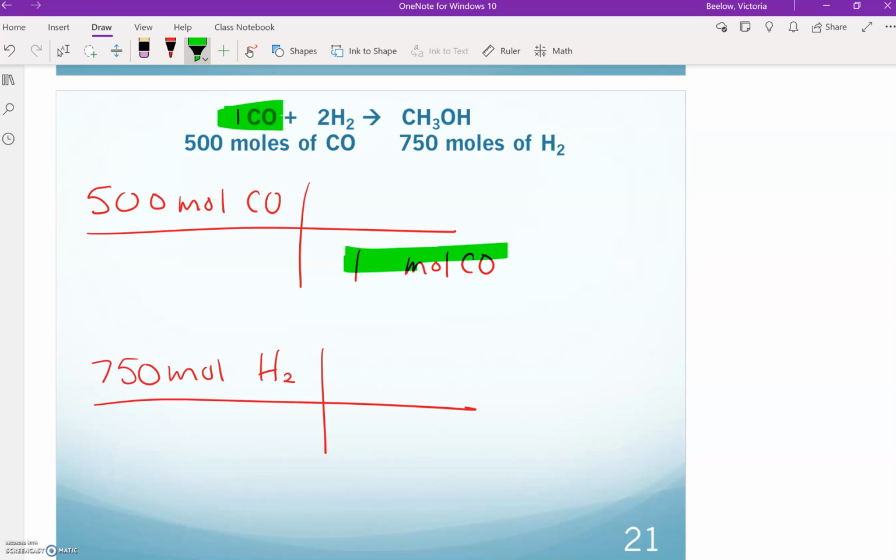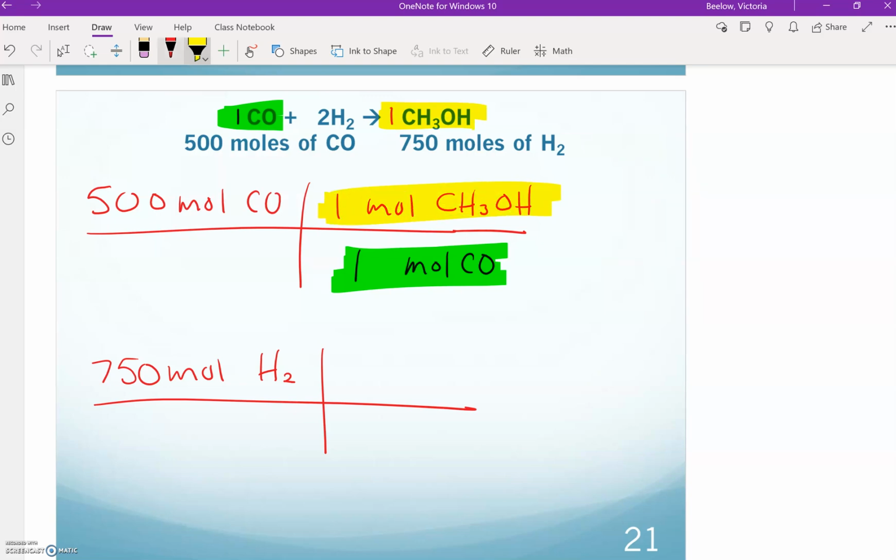Again, there's a 1 as a placeholder there. So in the bottom, I have 1 mole of CO, which is carbon monoxide. And again, since I got that number from the balanced equation, the number that goes above it should also come from the balanced chemical equation. And what I want to convert it into is this product right here, which I also have 1 mole of, CH3OH.